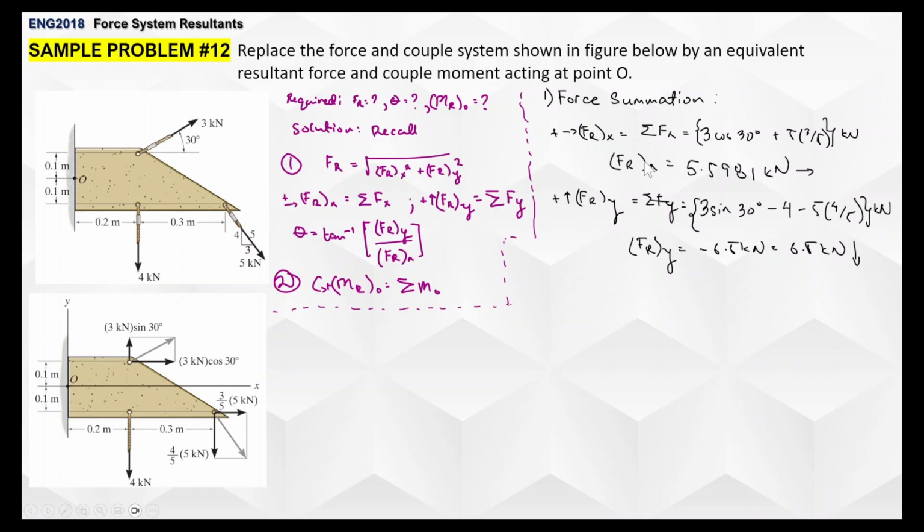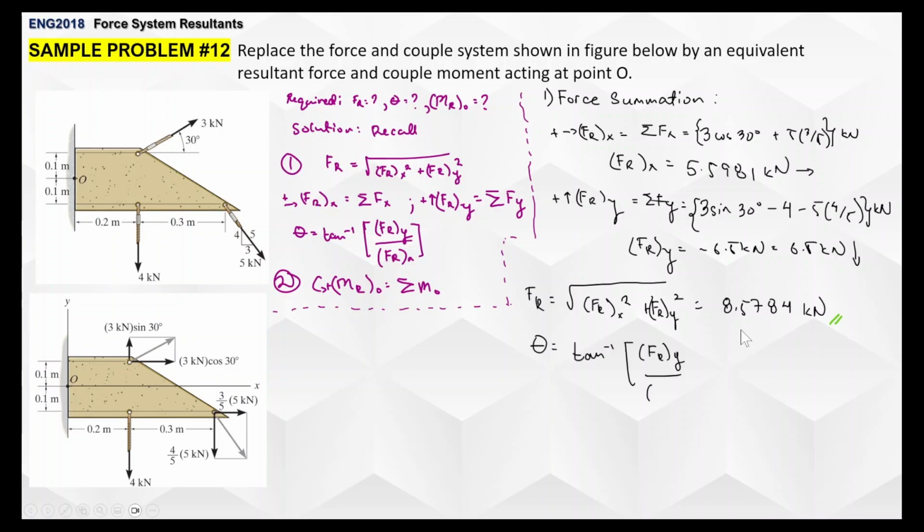Now, since we have the x and y components of our resultant force, the resultant force magnitude is equal to the square root of the sum of the squares of its x and y components, which is around 8.5784 kilonewtons. And then, of course, we can get its theta, which is negative 49.2634 degrees, or 49.2634 degrees clockwise from the positive x-axis here.